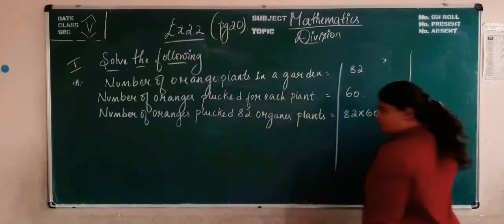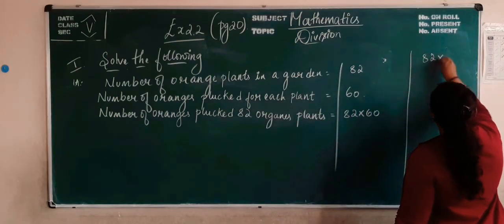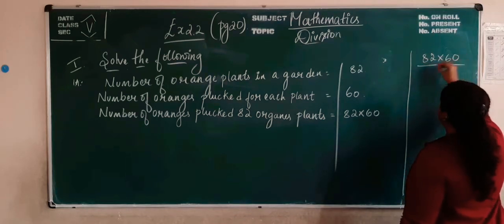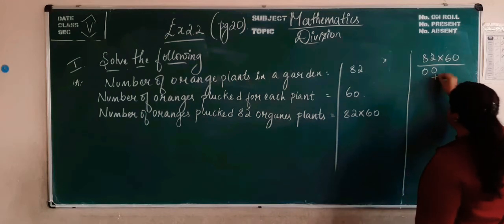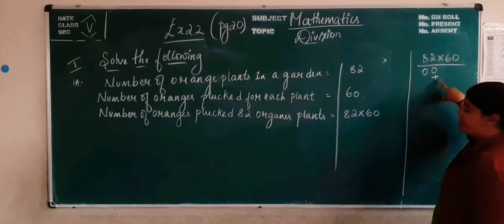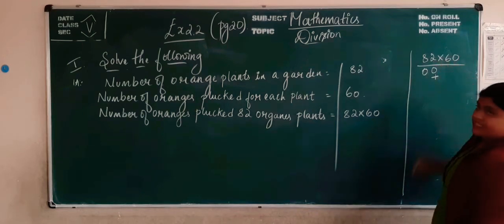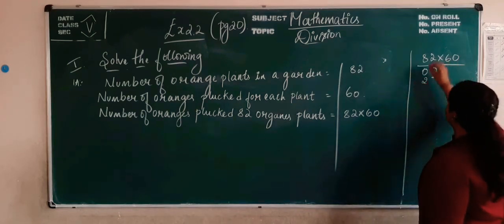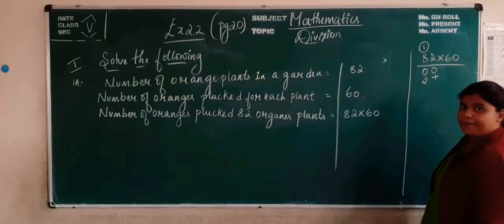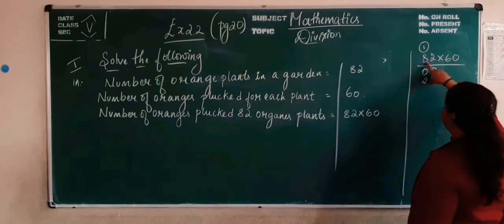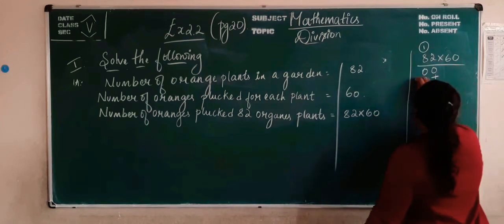So draw one working column, multiply along with me. 82 into 60. What is 0 2s are? 0. 0 8s are? 0. Plus. Don't forget to write plus here because we are multiplying by the second digit of the multiplier. So 2 6s are, yes, 12, 2, 1 carry, 6 8s are, right, 48. 48 plus 1, yes, 49.